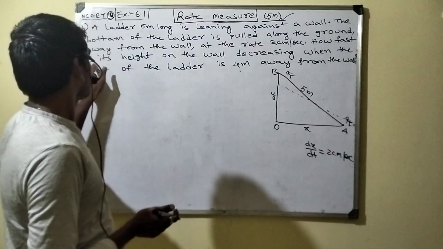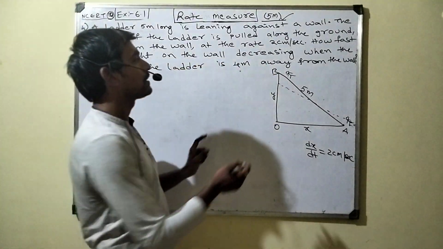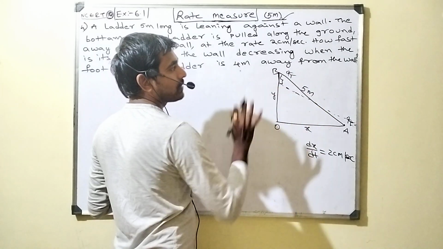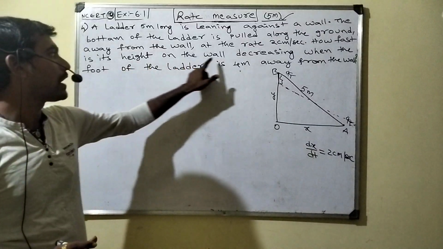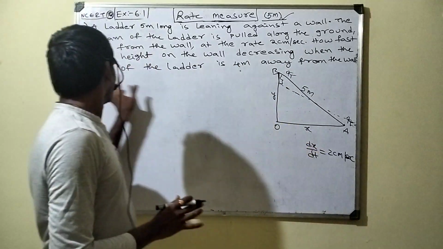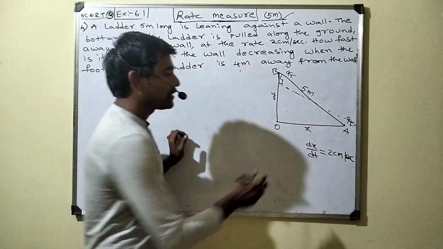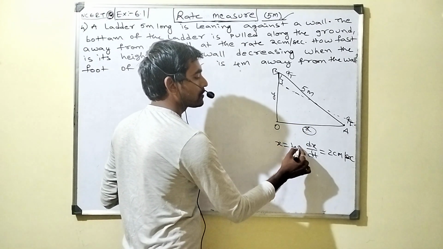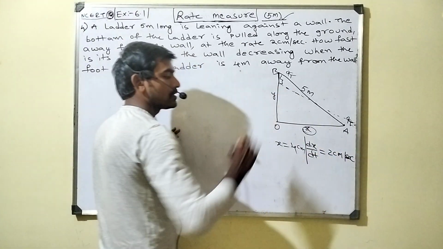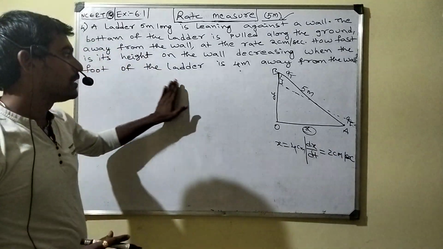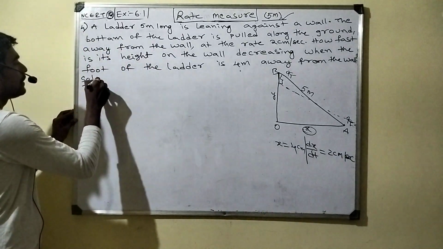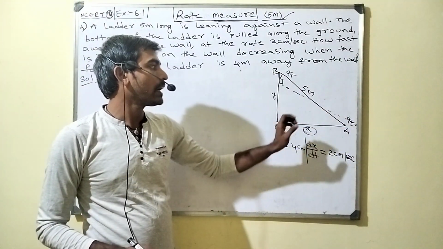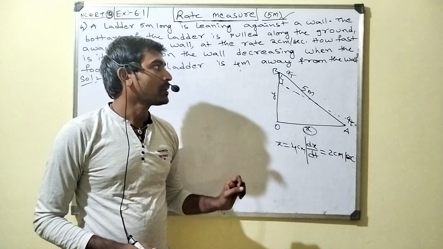How fast is its height on the wall decreasing, when the foot of the ladder is 4 centimeters? The foot of the ladder is X, and X is 4 centimeter. This is the given data I have. Write neatly: OA is equal to X, OB equal to Y. Let AB be the ladder, so AB equals 5 meters.